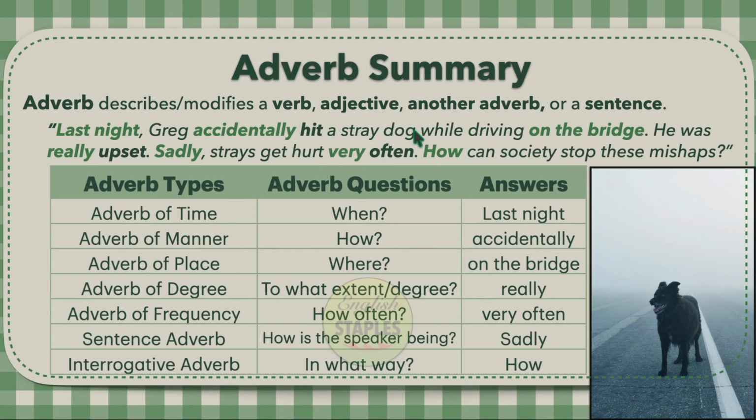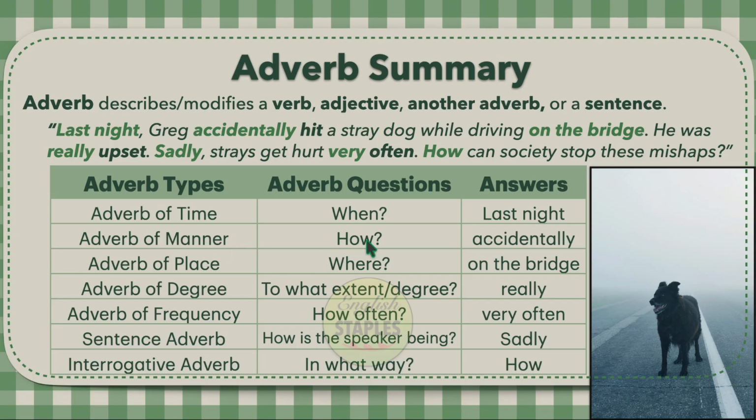This is the adverb summary. It pretty much tells us the job of the adverb here, that it describes or modifies a verb, adjective, another adverb or a sentence. We have our story here, and we have the breakdown of the adverb types here. Adverb of time. The question is when? Answer, last night.